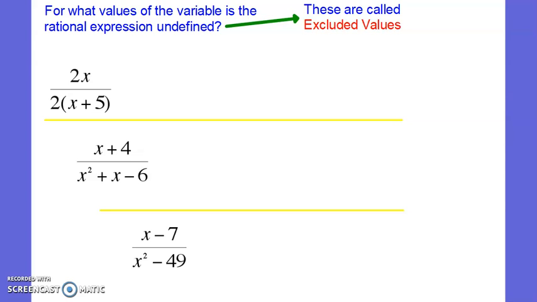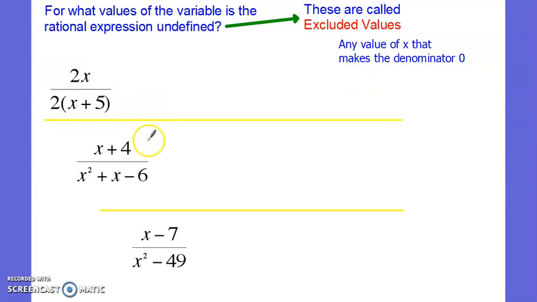Talking about those excluded values, here's kind of the idea to that. If you ever see these formulas here, where we're looking for what can't I actually plug in, again, any value that would make our rational expression undefined. Values that are excluded are values that make the denominator equal to 0.